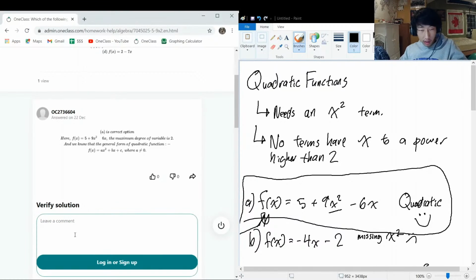Okay, so here the above solution is good.